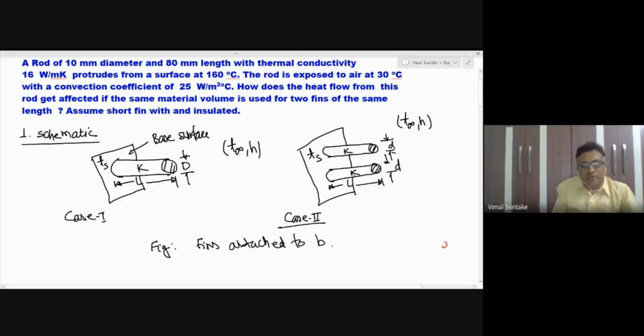Now here I request you, make it practice to always give some title to your figure, not only in heat transfer, in any course. Whenever you draw a figure, always mention its title. It is always a good practice.